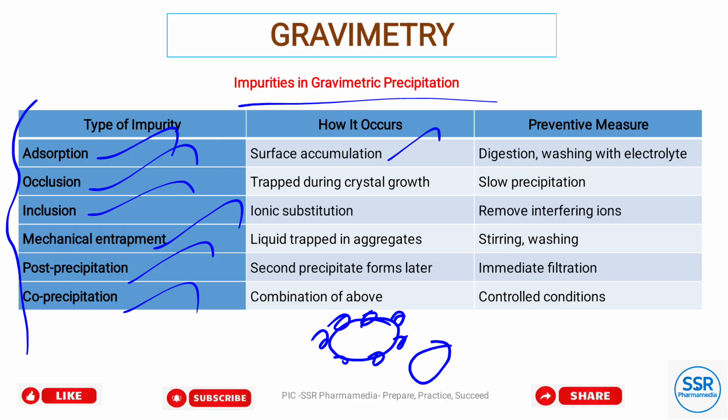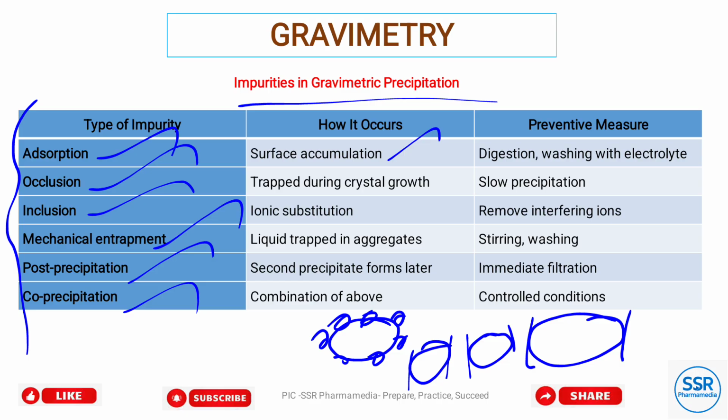When the number of particles is more, more surface area is produced, so more impurities may adsorb. If the number of particles is less, that means large particles, there is less surface area, so the impurities are reduced.